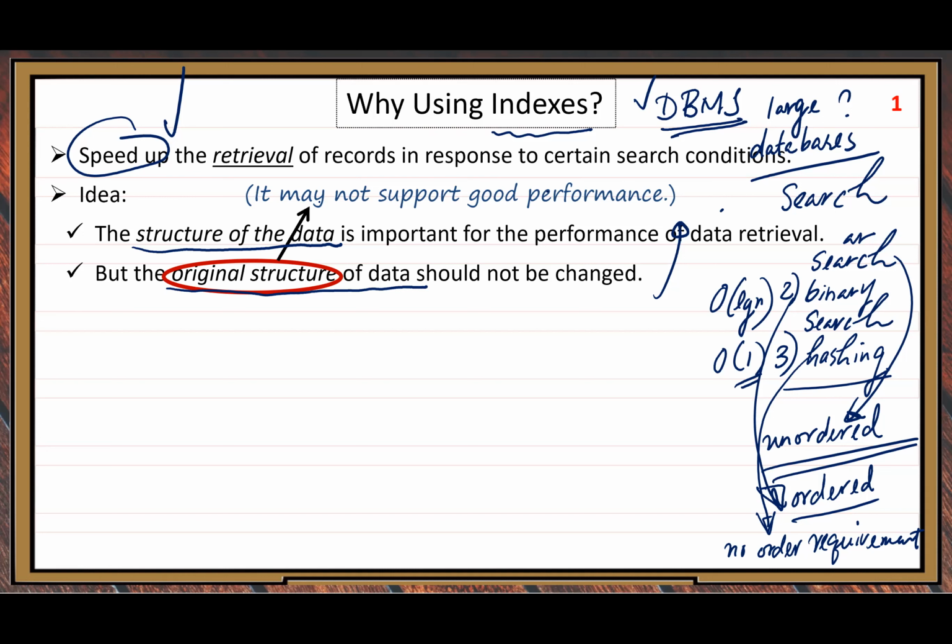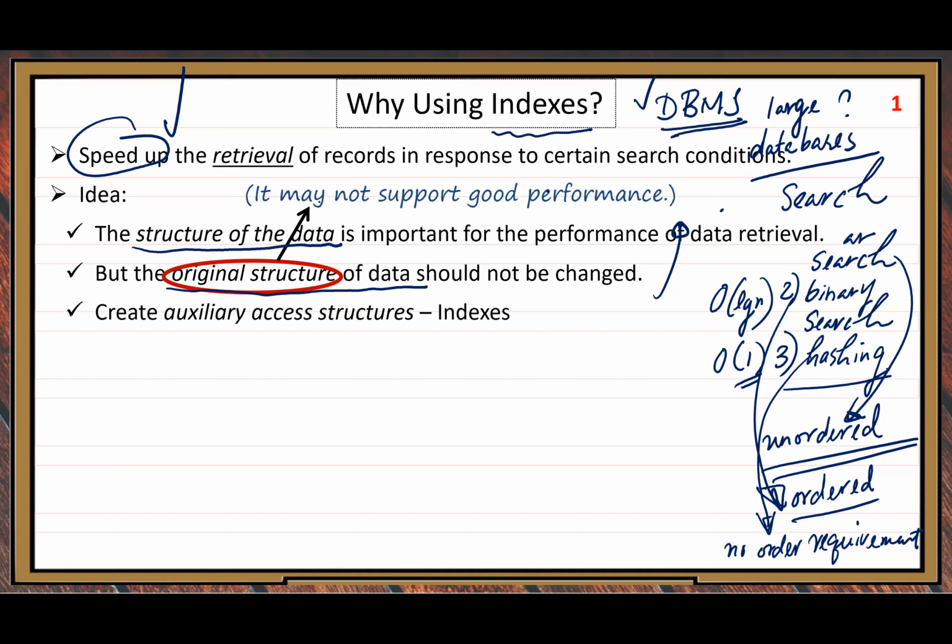You can only apply linear search. Then the performance is very slow. So in order to apply binary search, you need to sort your data, but you don't want to touch your original table, because for some reason, it should stay that way. So let's look at the solution.